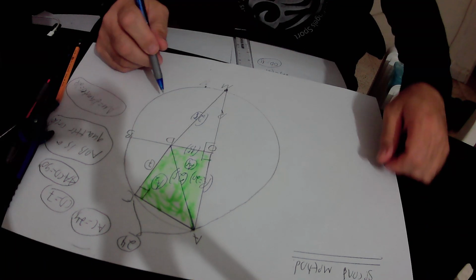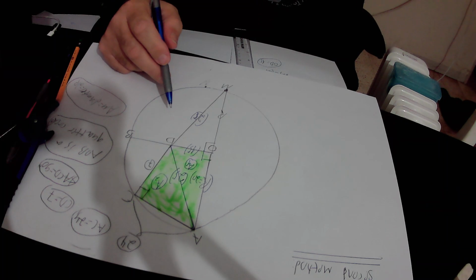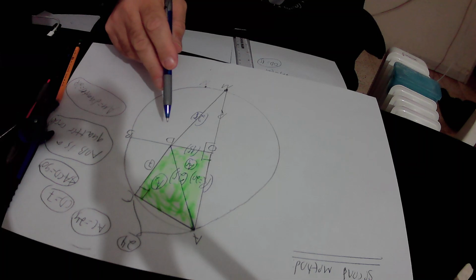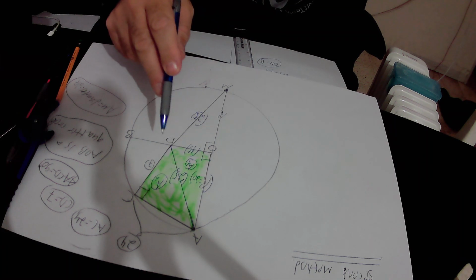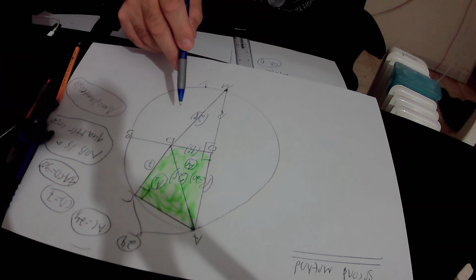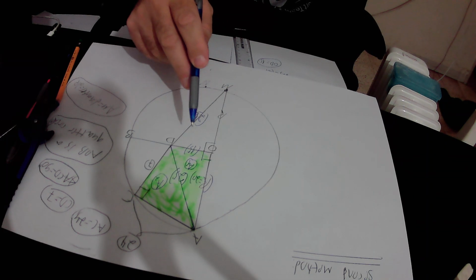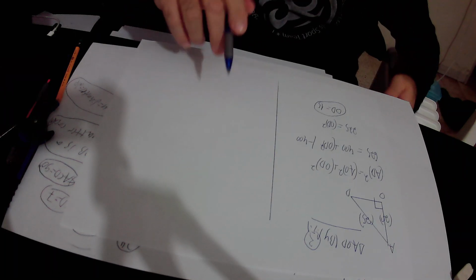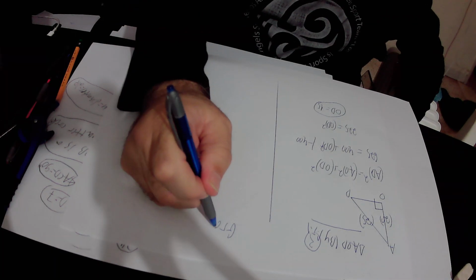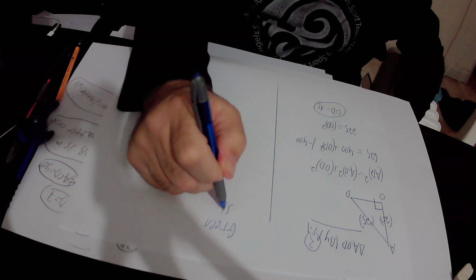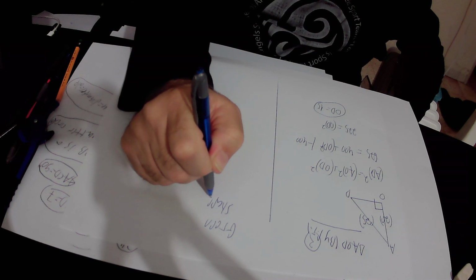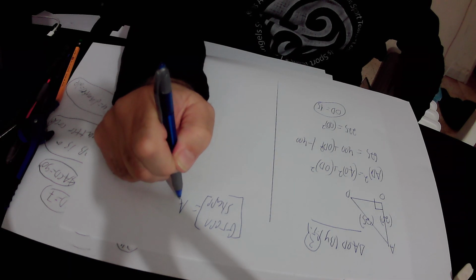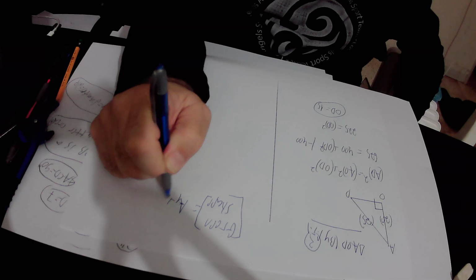It is obvious that the sum of the areas of those two right triangles AOD and ACD in total is equal to the area of the green shape. That is to say, the area of the green shape equals A1 plus A2. So I'll write it down.